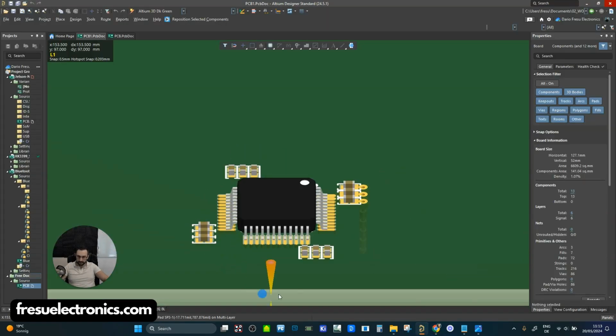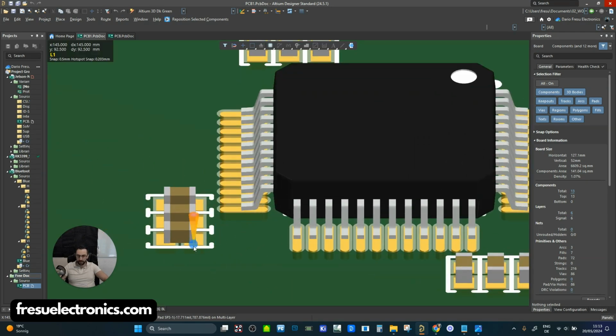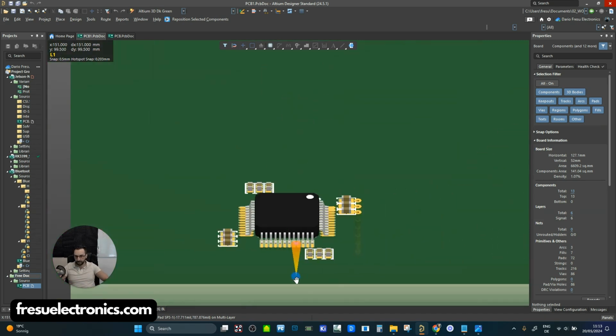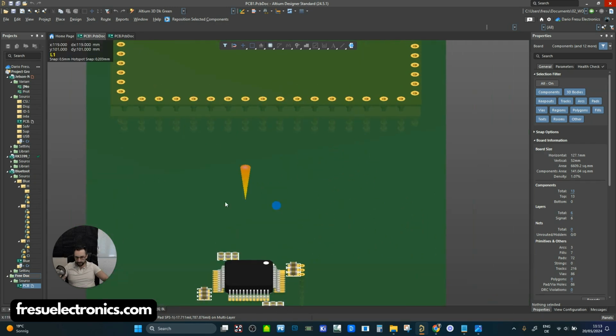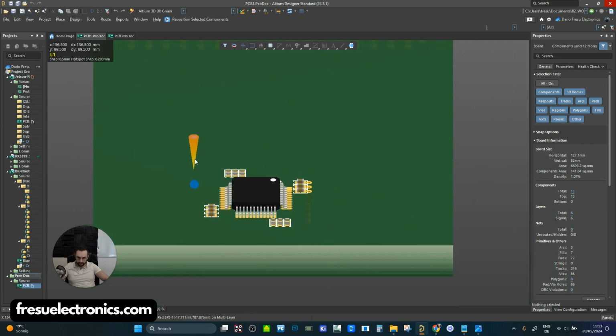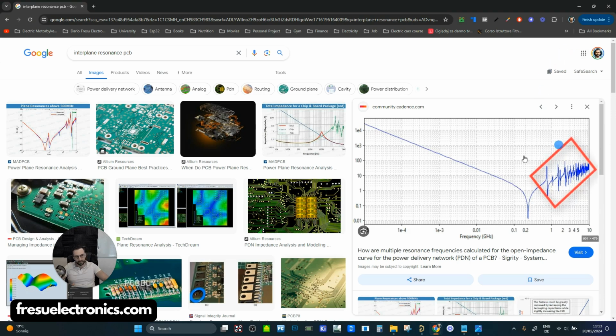So these capacitors are not going to be used here to provide the signal integrity function of providing the energy to the IC, but they're going to be used all over the board, first of all to reach the target impedance, but also to dampen these frequencies that we just showed you here.